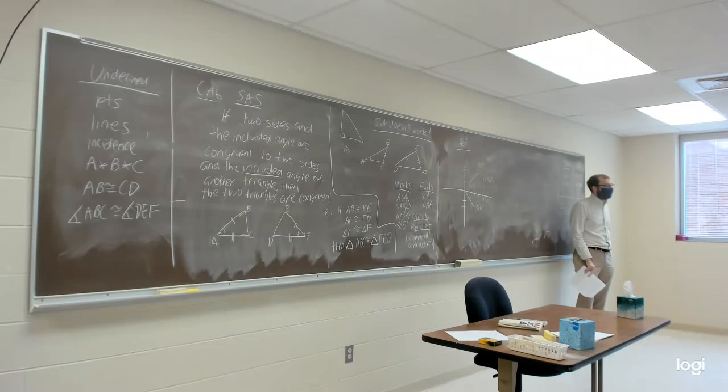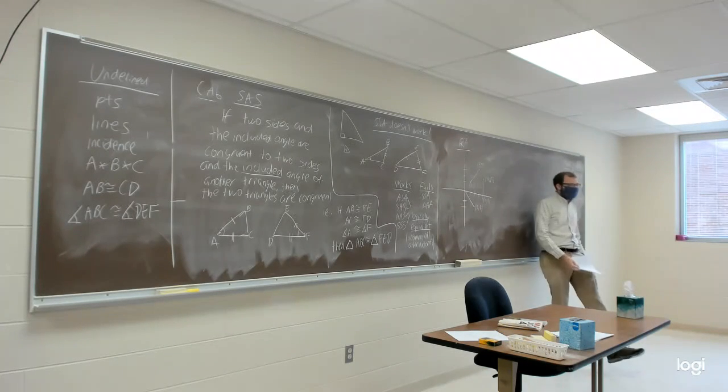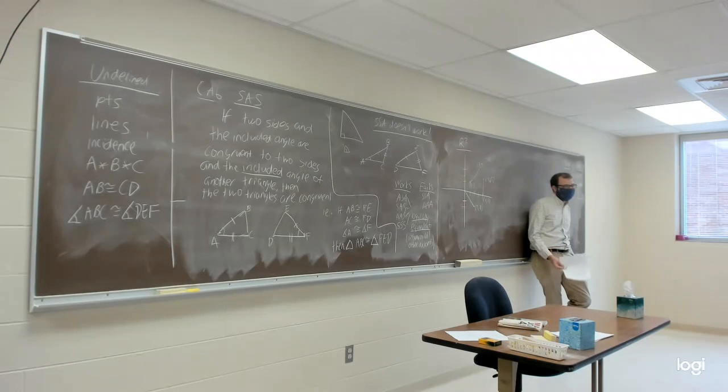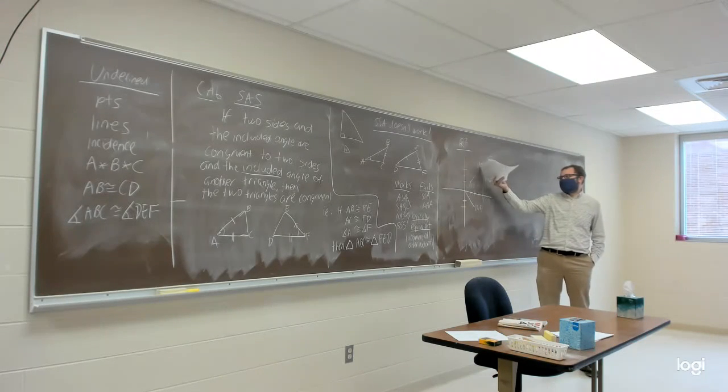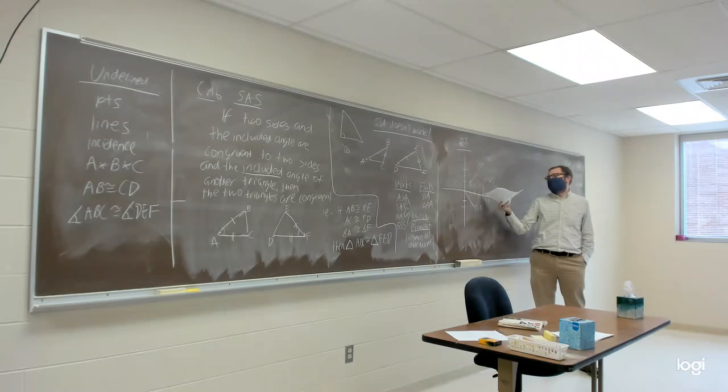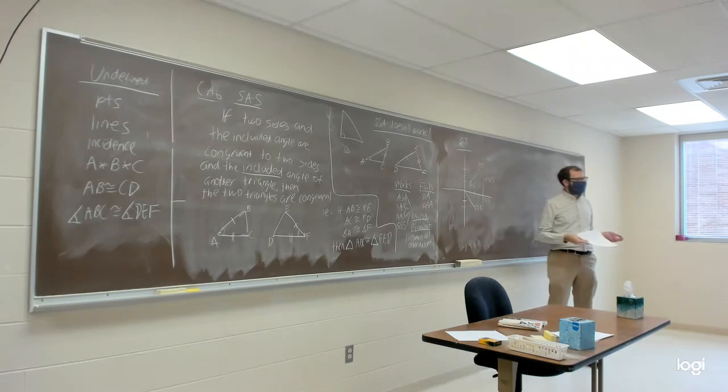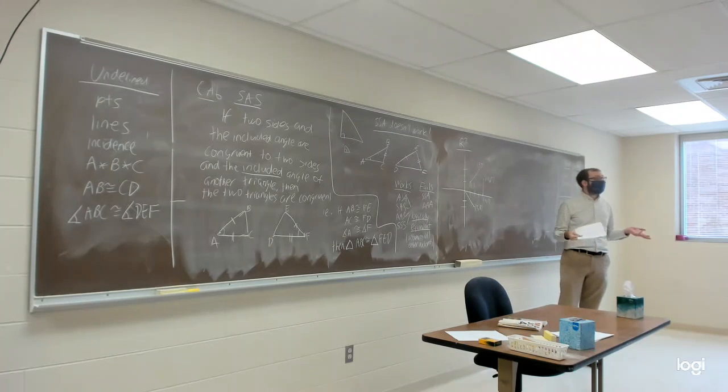If you listen to my mutterings up at the board, how did I come up with this 2 square root of 2 coordinate? You use the Pythagorean theorem. I use the Pythagorean theorem. So in other words, the straight line distance we're used to thinking about is the same in all three cases.